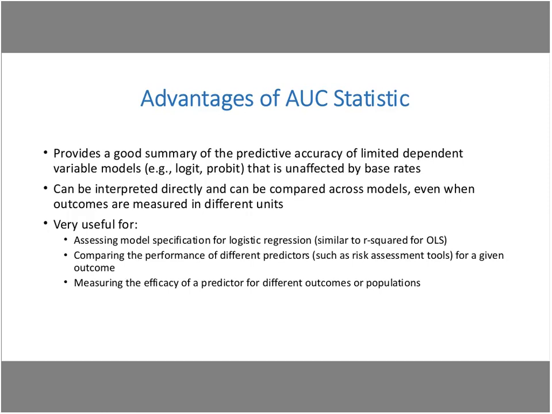And an important thing to point out about this is it's not affected by base rates. And that means the underlying rate of ones compared to zeros in your data set, or positives compared to negatives. And this is an issue because a lot of other similar measures, pseudo R-squareds and other things that are trying to get at predictive accuracy for dichotomous dependent variables, are affected by base rates, which means they aren't as reliable when you have a low base rate.